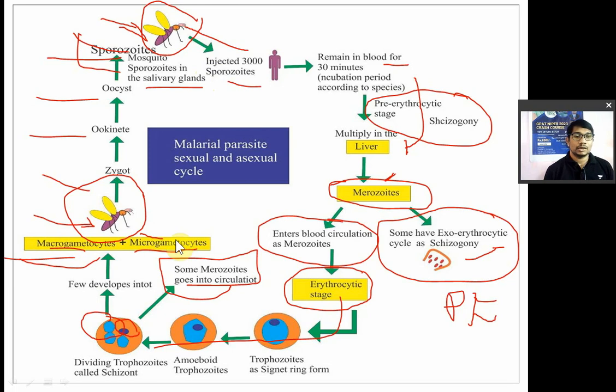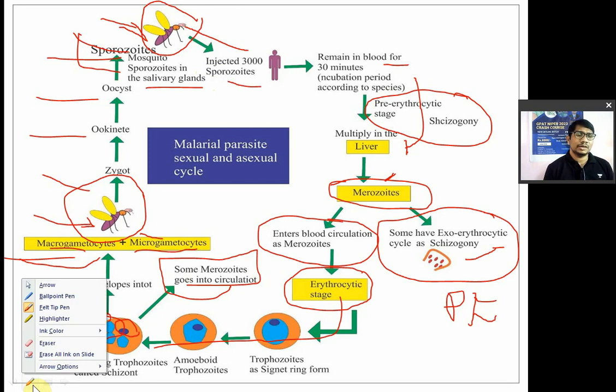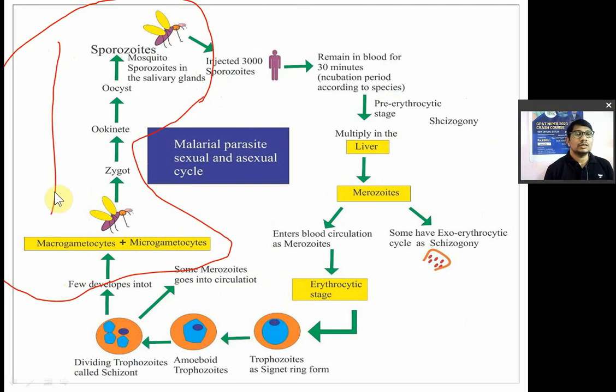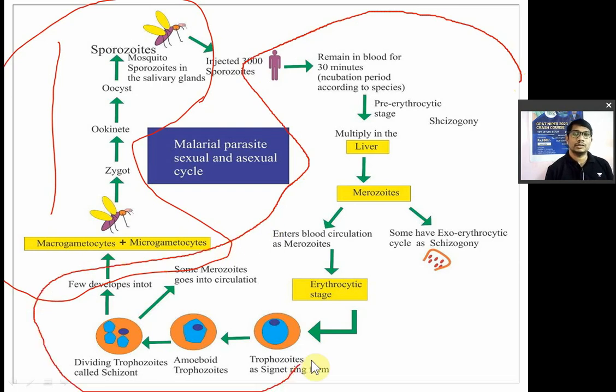Now there are two cycles of this malarial parasite. The first is known as the sexual cycle, and the second is known as the asexual cycle. Whatever sequence of events of this malarial parasite occurs in the mosquito is known as the sexual cycle, and whatever sequence of events occurs in humans is known as the asexual cycle, right?